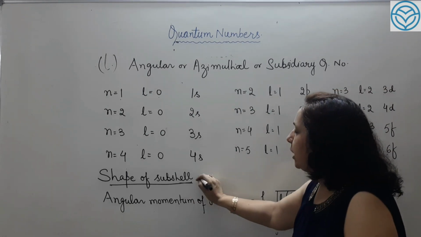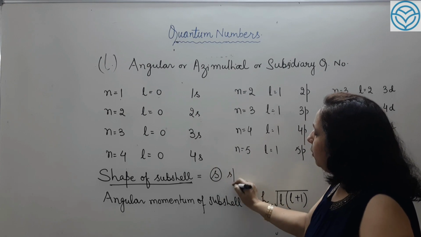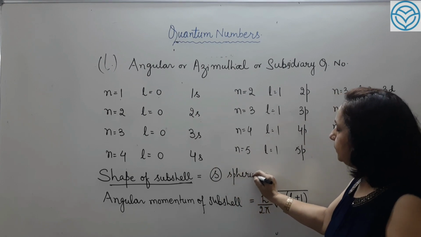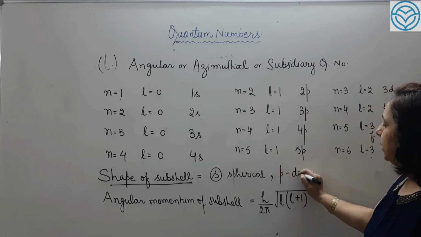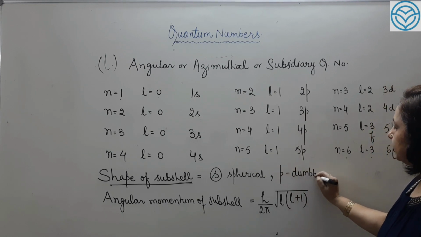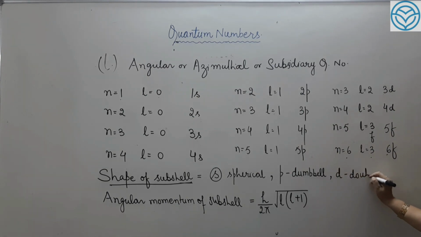When I talk about the shape of a subshell, we can say S is always spherical. P is going to be dumbbell. D is double dumbbell.